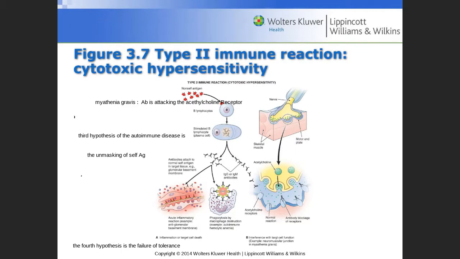Tolerance means you train the T cells in the thymus to tell the T cell that if you see the self-antigen, ignore it. This is known as tolerance, right? So somehow that T cell sees the antigen, and it's supposed to ignore it, but reacts to it. It doesn't have the proper training, if you will. That's what we call failure of tolerance.